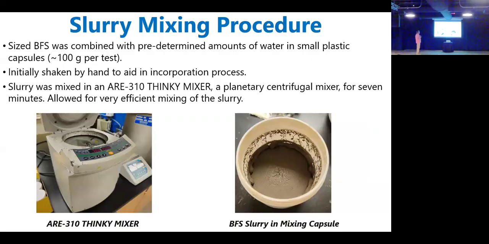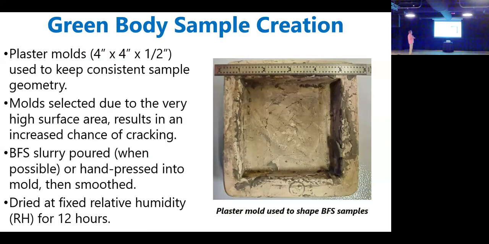In terms of processing, we would take this ground Belle Fourche shale, add the water, and mix it in what's called a Thinky mixer to produce a slurry of the material. And then we would take that slurry and put it into a ceramic mold here.